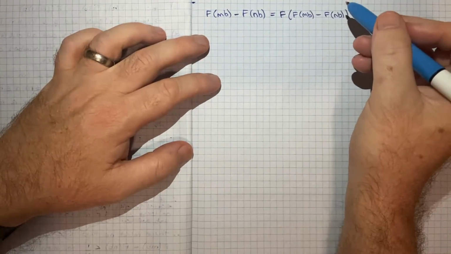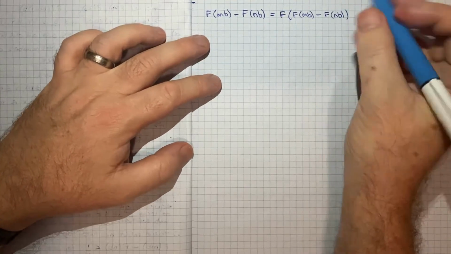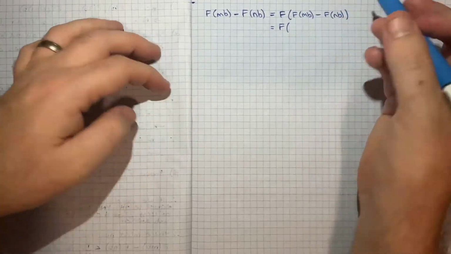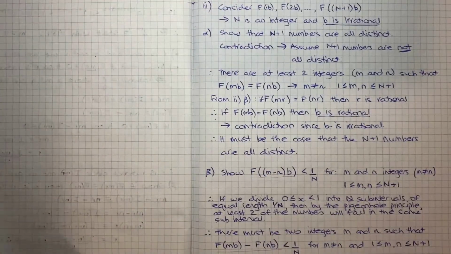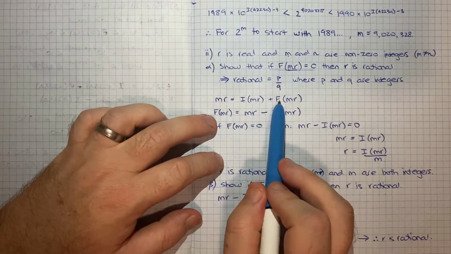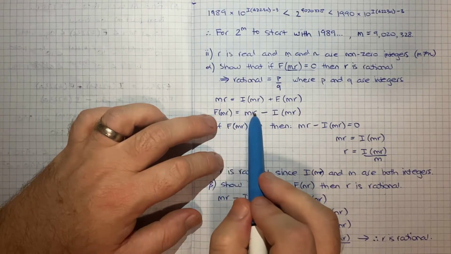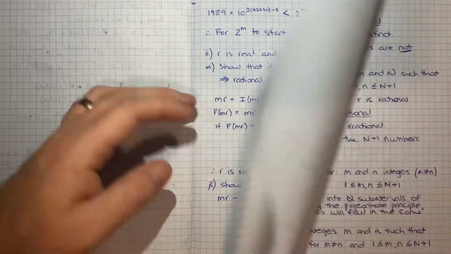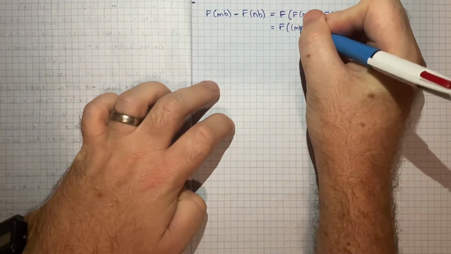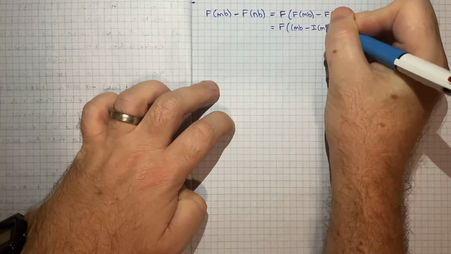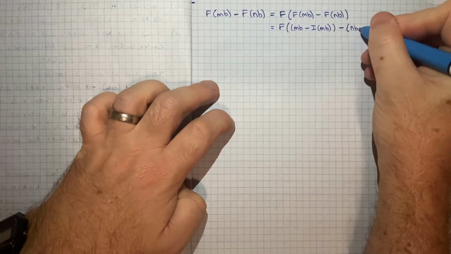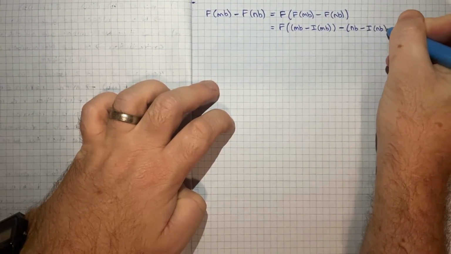Now the reason that's going to be helpful is that I'm going to write each of these in terms of that result that I pointed out earlier, where you can write a number as its integer part plus its fractional part. So the fractional part is the actual number minus its integer part. That means {mb} will be mb minus the integer part of mb, minus {nb}, which would be nb minus the integer part of nb.